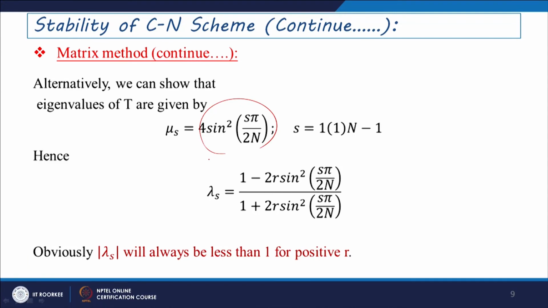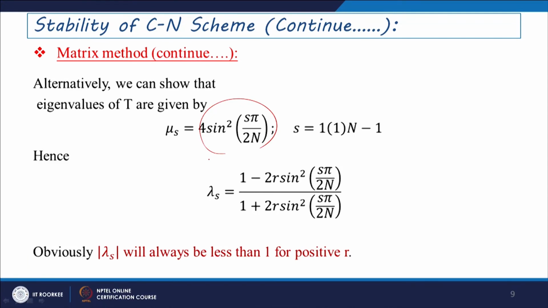Alternatively, we can also show this by finding the eigenvalues directly using the Bright's-Fike theorem or the Gershgorin theorem. We can obtain the eigenvalue in the form of 4 sine square (s pi by 2n).